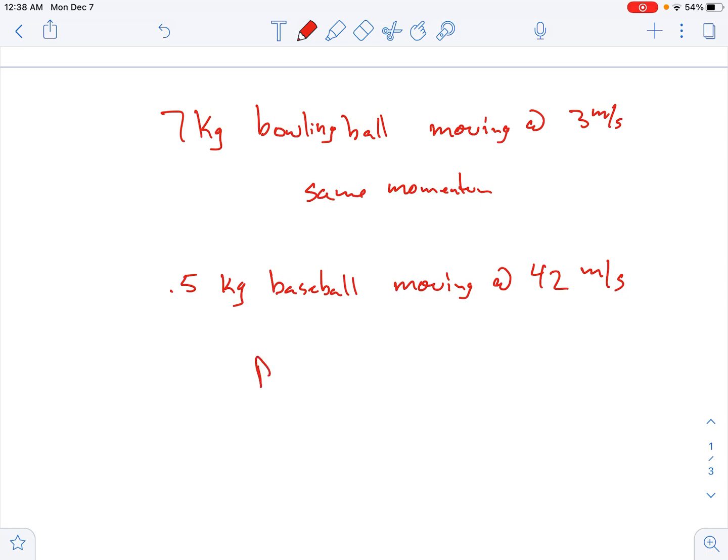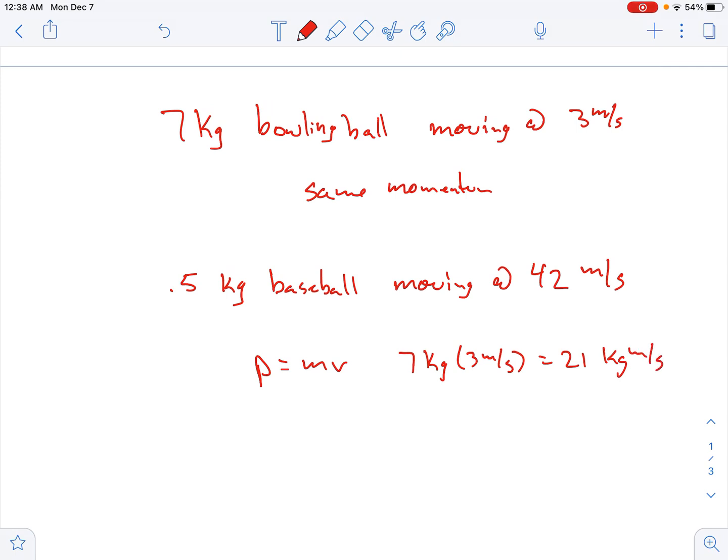If I do my P equals mv for both of my objects, for my first object, I get 7 kilograms times 3 meters per second for 21 kilogram meters per second.